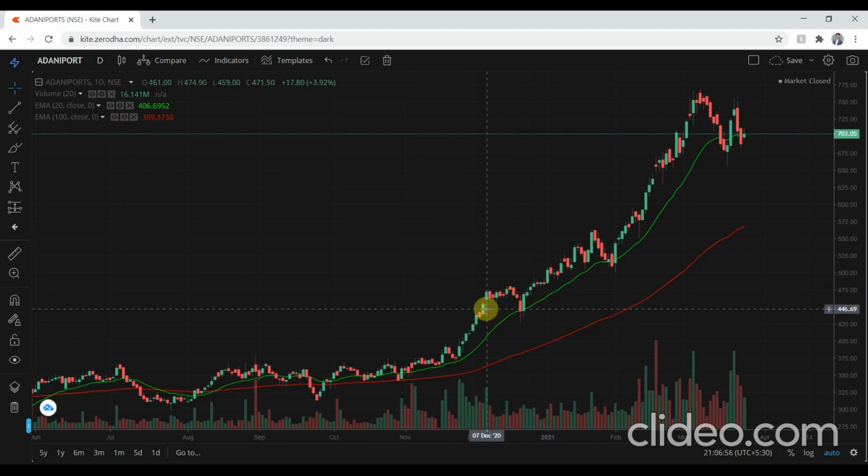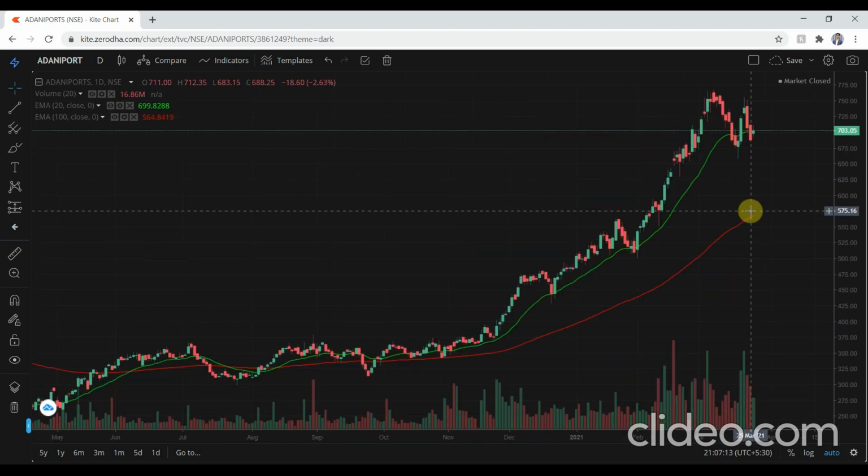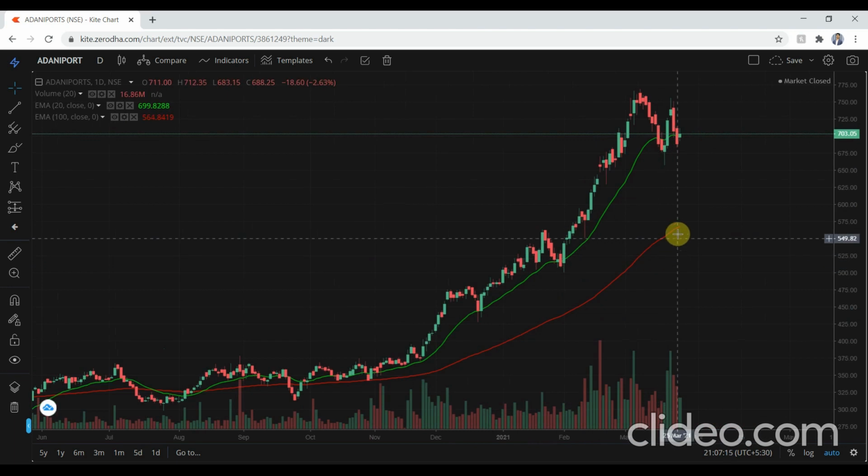Unlike the simple moving average, which gives equal weightage to all the closings for the time period which we are applying the moving average for. Okay, I hope that I clarified the concept for you. Anyways, let's see the analysis.